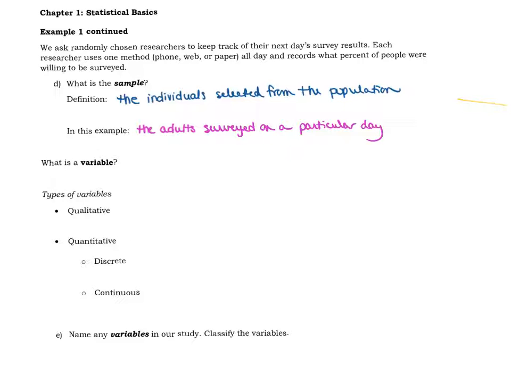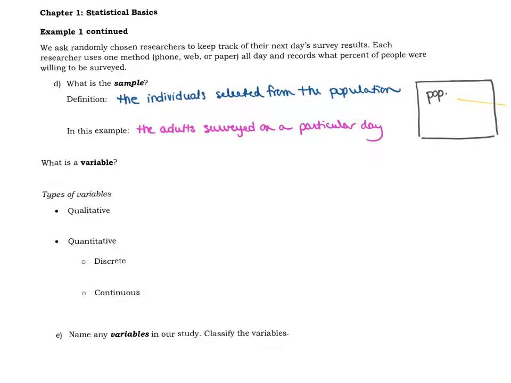Okay, so one way to help draw a little picture here of what we're looking at. No idea what that yellow mark is over there. All right, so the population is like everybody in the box. Now, I say everybody, also note it doesn't have to be people in every instance. You could be looking at a crop, like cornfields, for example. It doesn't have to be people, but a lot of times it is.